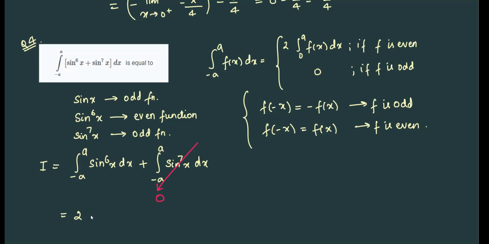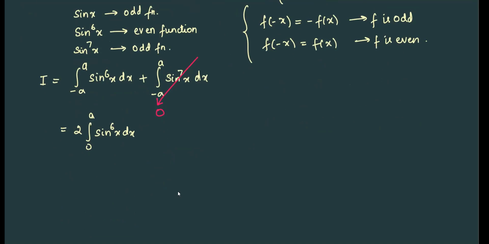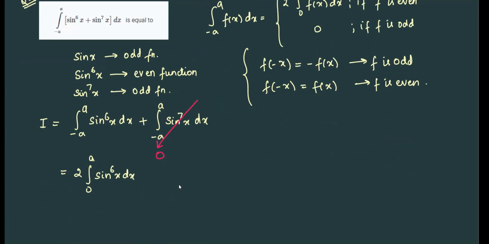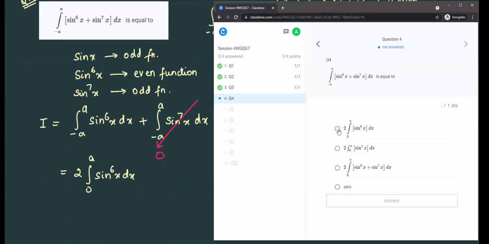And this will become twice of integral 0 to a sine x raised to the power 6 dx. So look at the options. The first option here, 2 into integral 0 to a sine x raised to the power 6 dx. This is the answer.